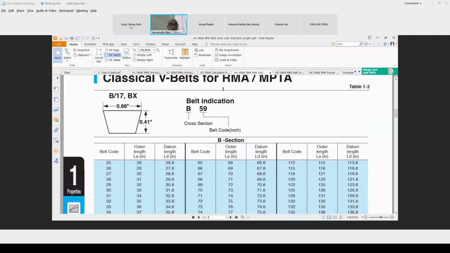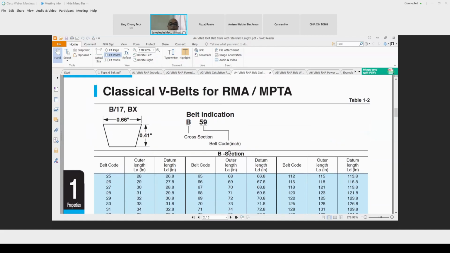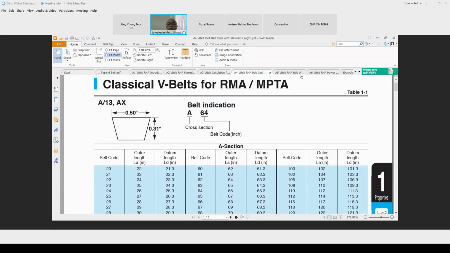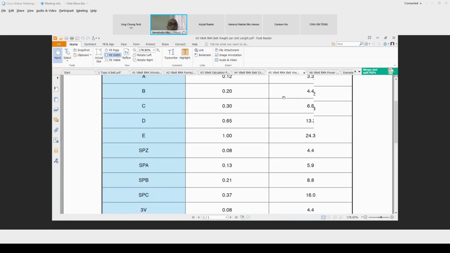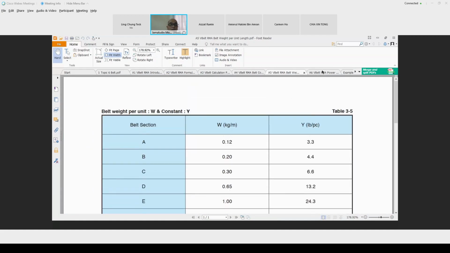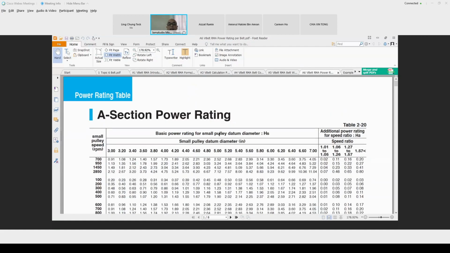This is the classification of V belt, the type of length that we have, the belt weight per unit, and finally the power rating. This will come from the manual, the catalog on the market.